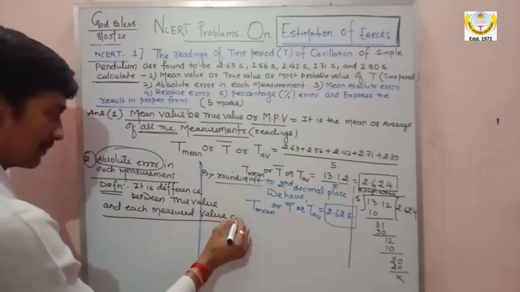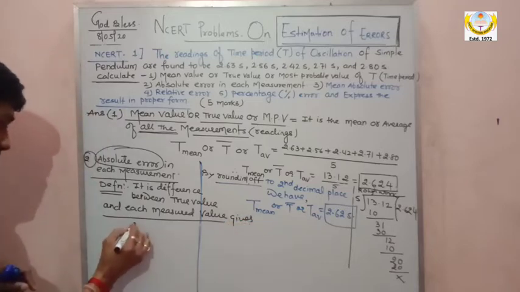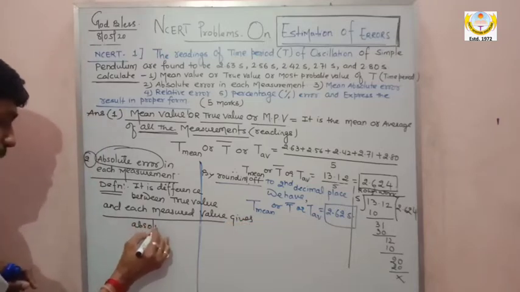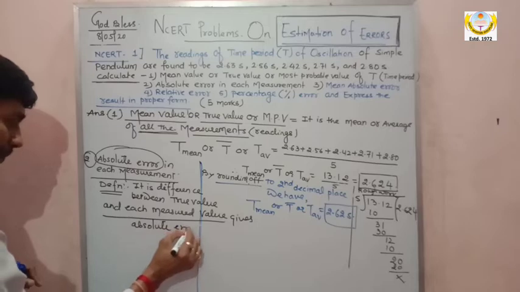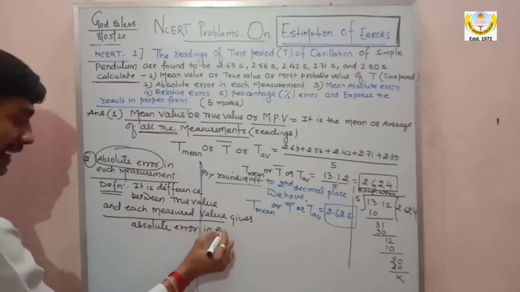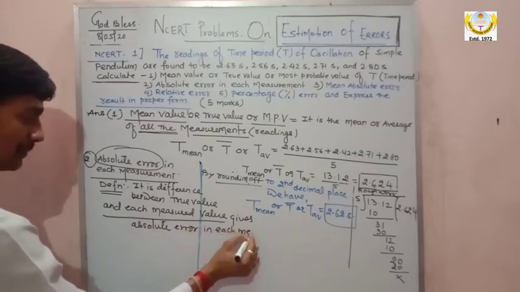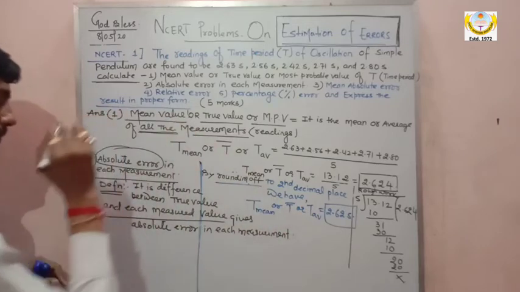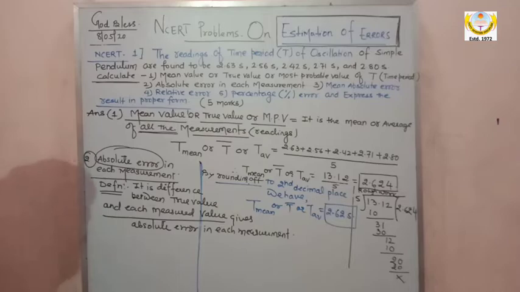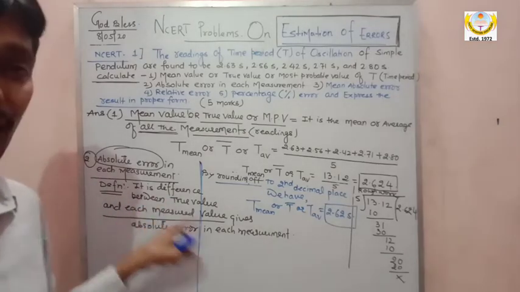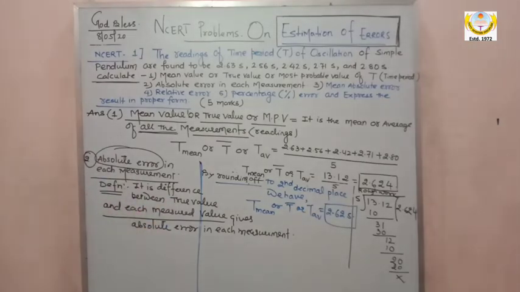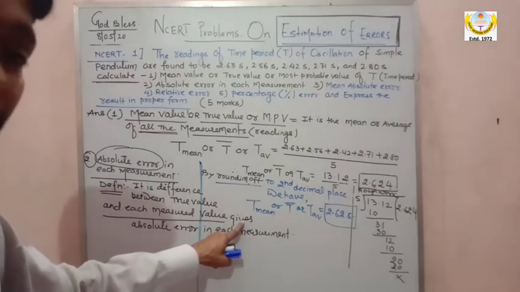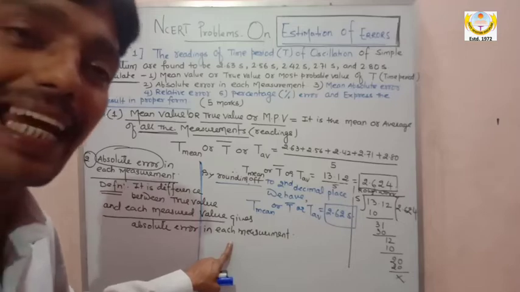This gives the absolute error in each measurement. It is the difference between true value and each measured value, my dear. Each measured value gives absolute error in each measurement.